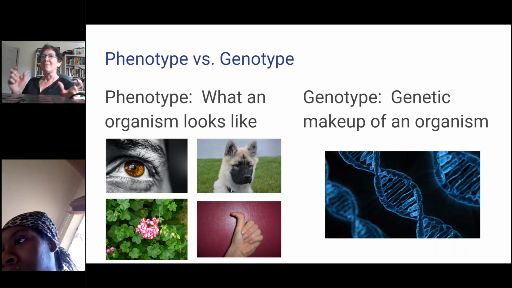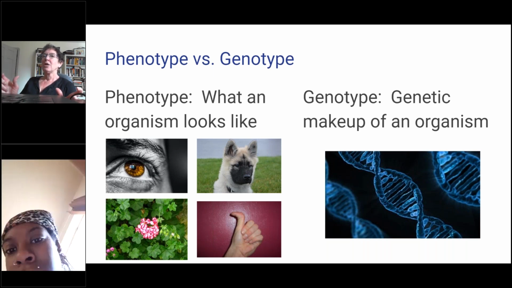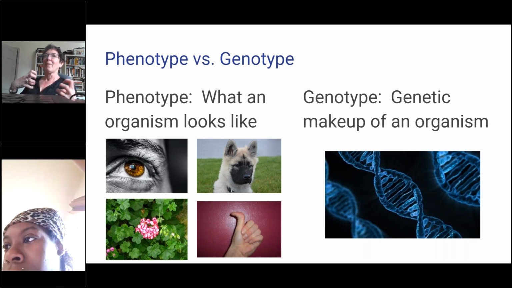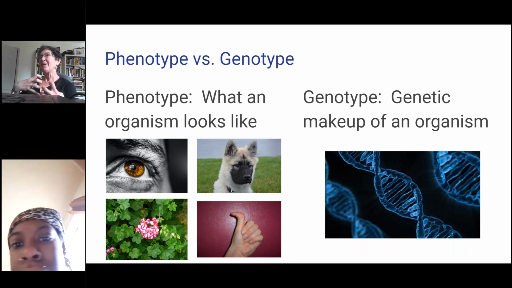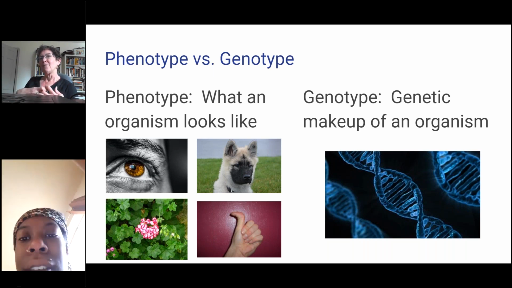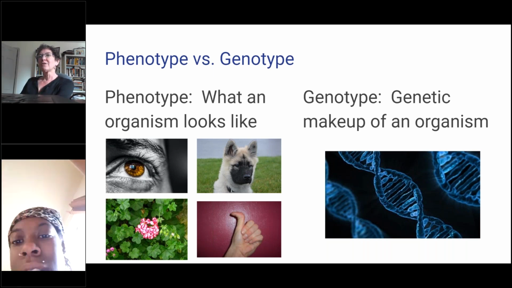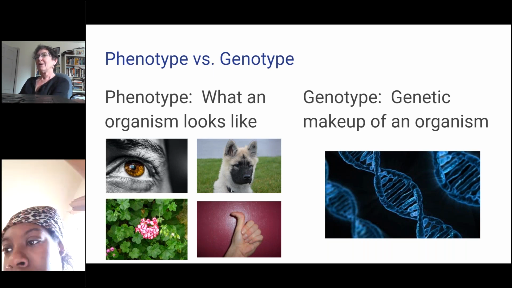Usually I mix up which one is which. So I like to give myself little reminders for that. I remember that the PH in phenotype is also in physical. So a phenotype is what you physically look like. But the genotype is your genetic makeup and exactly what your genes are coded for.